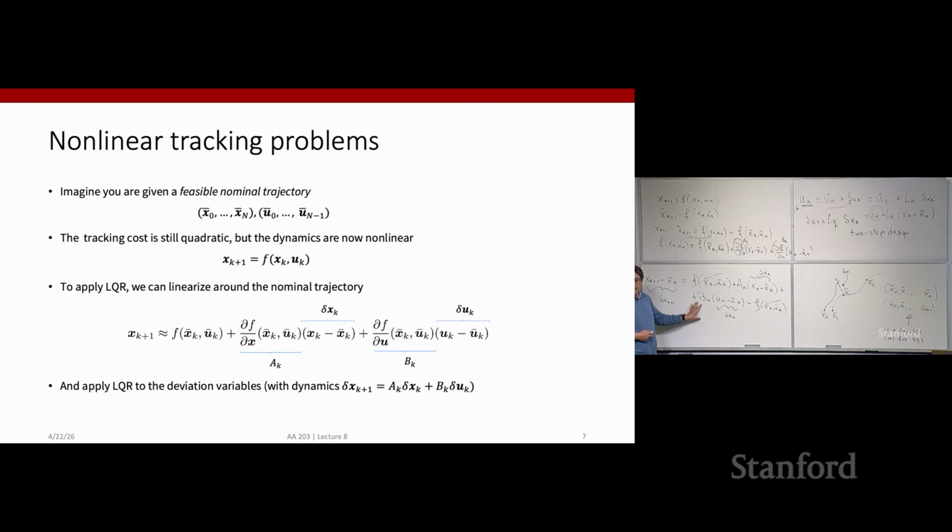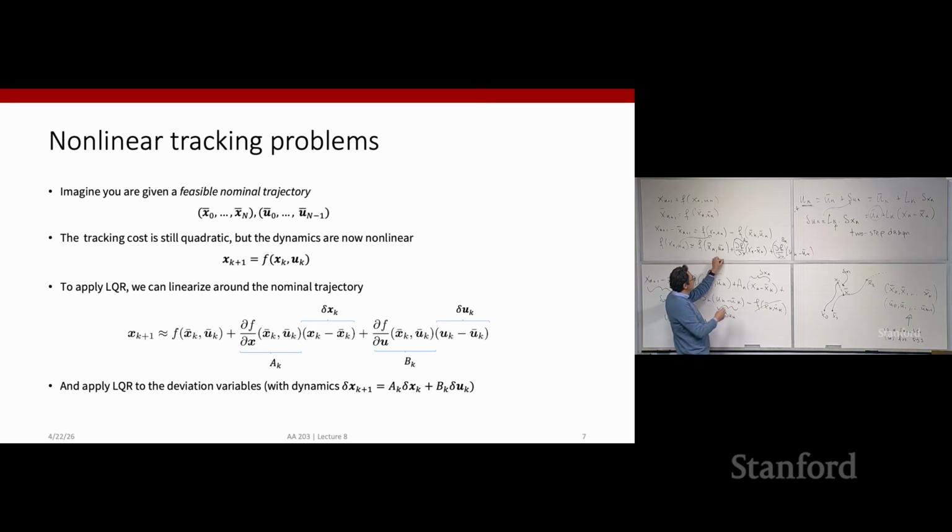Which means that, again, I can set up an auxiliary LQR problem with respect to the delta U and delta X variables, find the optimal delta U, and then backtrack the tracking control signal as U bar k plus delta U_k. So once you do linearization, you're back again into the setup we had in the previous slide of linear dynamics.